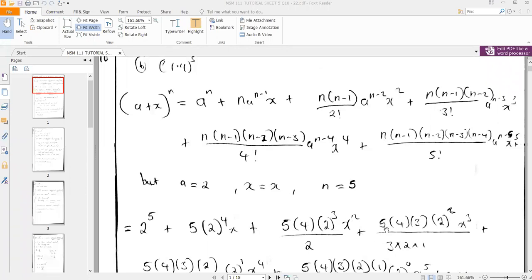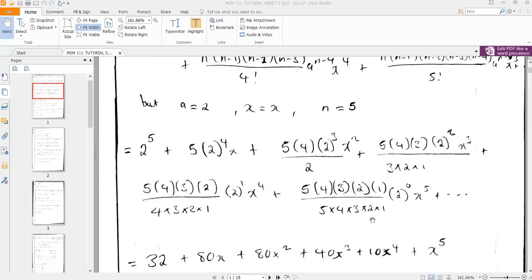Plus we have 5 here, and 5 minus 1 gives 4, then 5 minus 2 gives 3. Then our a is 2, and 5 minus 3 is 2, and our x is simply x.